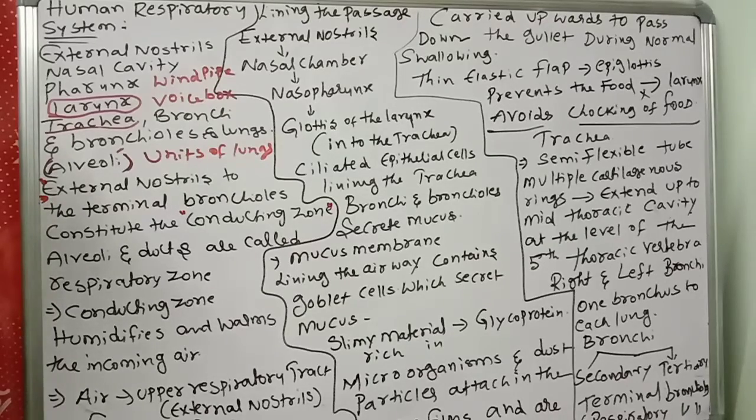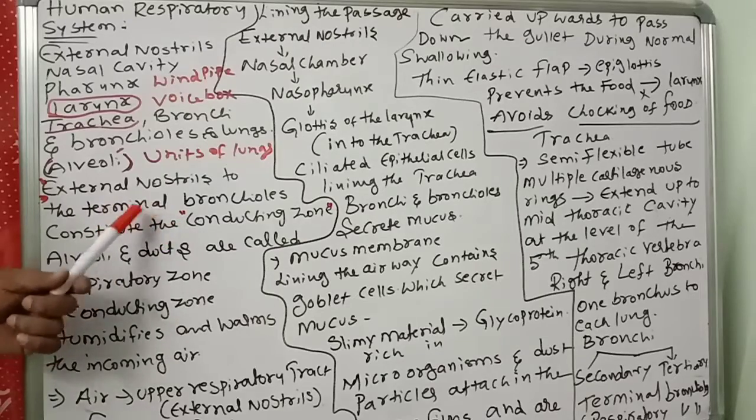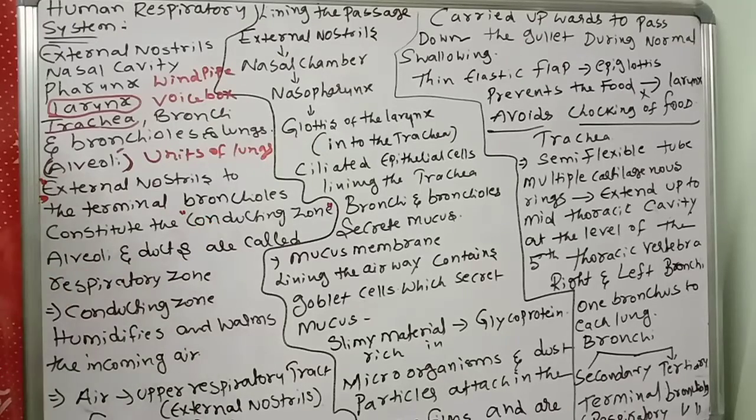Conducting zone. From the external nostrils to the terminal bronchioles constitutes the conducting zone.